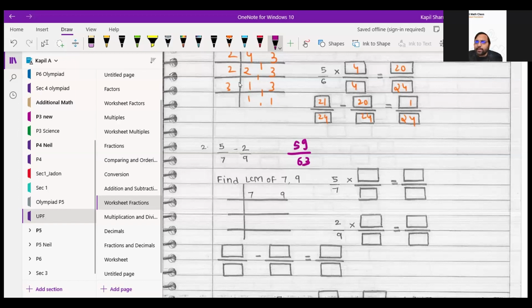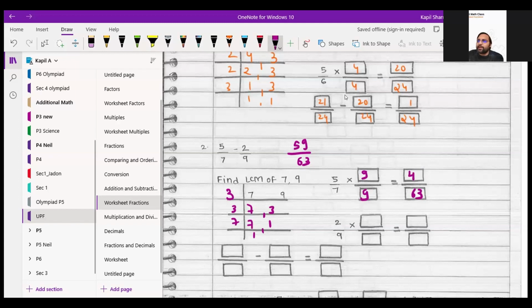Okay, so let's check that. So 7. Yeah, so LCM is 63. So we need to multiply and divide the first one by 9. Swastik, I think you added these fractions.